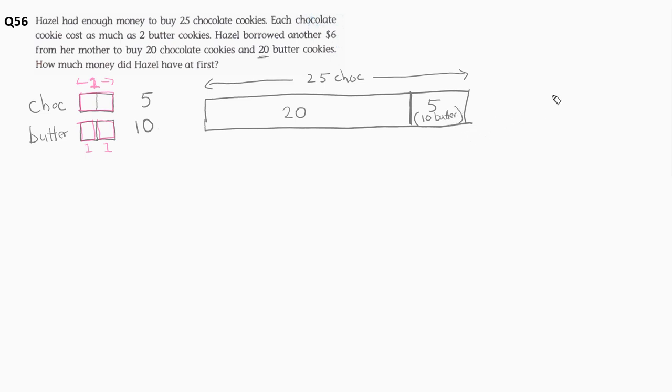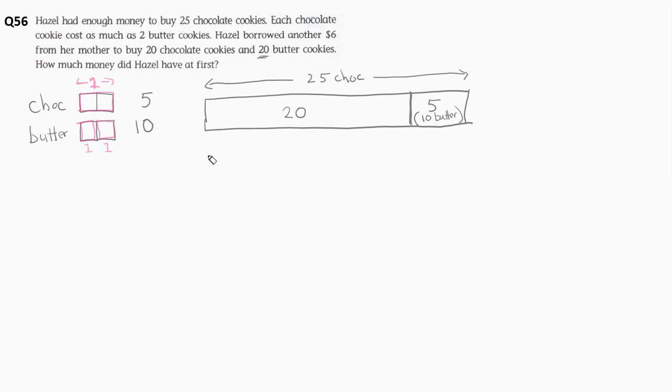Okay? That's her original amount of money. She needed to borrow another $6 because has she bought everything yet? That's 20 chocolate and 10 butter. She bought 10 more butter cookies.